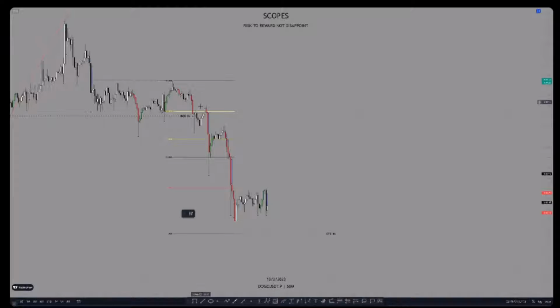So then obviously I marked this out as a break. This one, sorry. I marked that out as a break, and obviously fibbed from here. We're not in the hourly at the minute, but I fibbed from here to here.